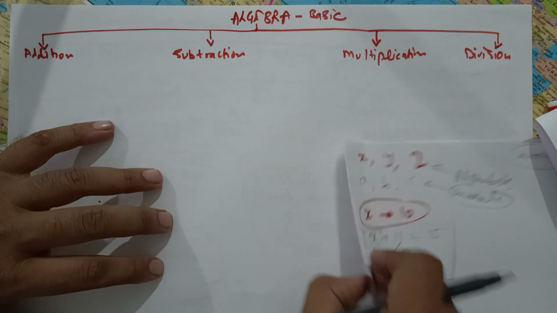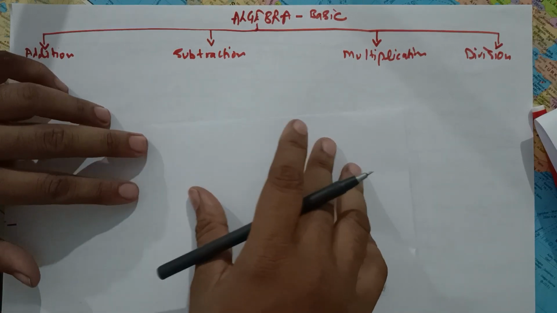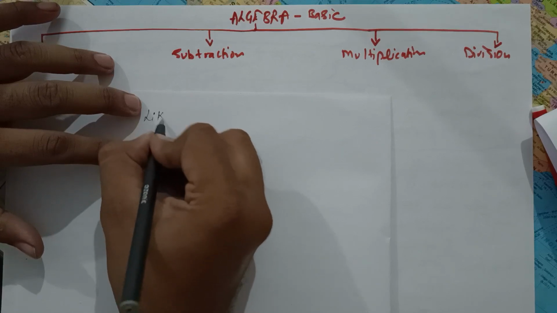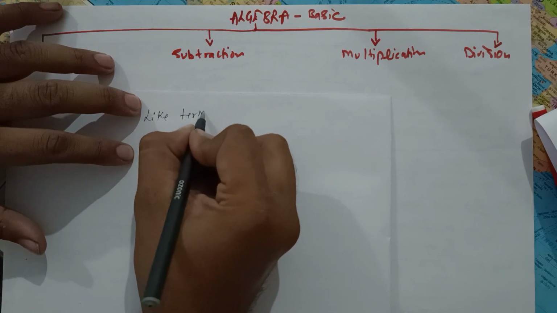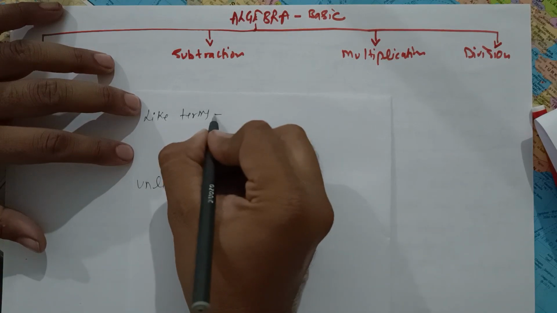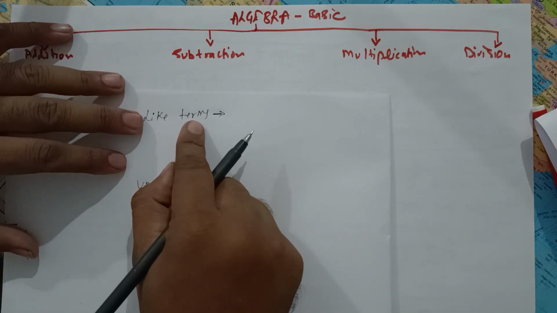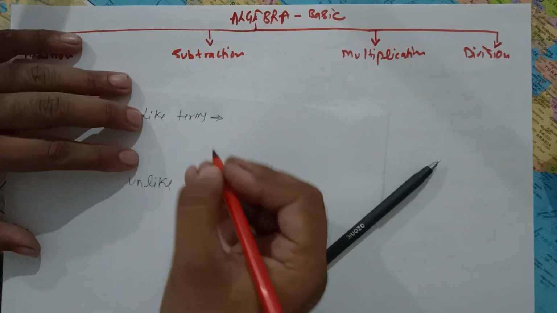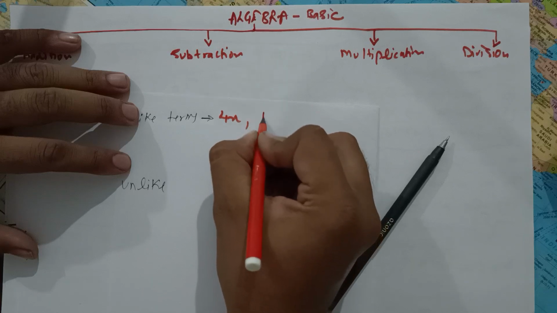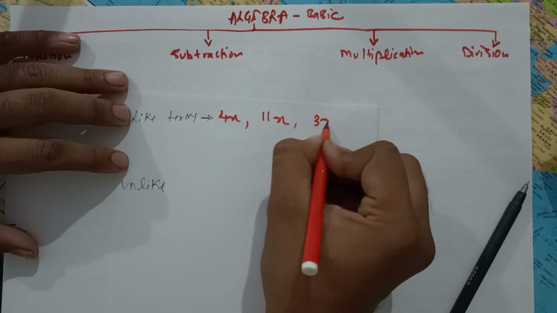Before starting the addition, subtraction, multiplication and division concepts, we must know like terms and unlike terms in algebra. Like term means same type of term. For example, 4x, 11x, 3x.